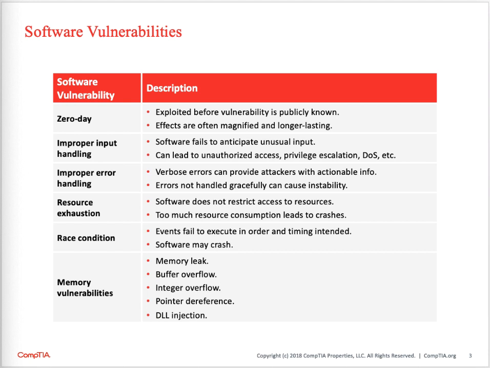A 0-day vulnerability is one that a malicious user is able to exploit before the vulnerability is known by the public or even to the developers themselves. And because the developer doesn't know about it, they haven't had a chance to fix it. So developers are unprepared for this, and that leads to a longer lasting, often magnified effect on our systems, right?